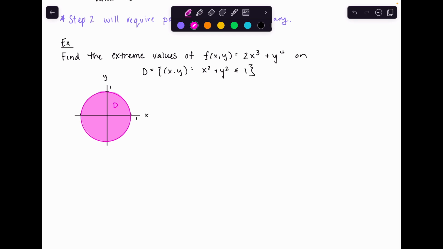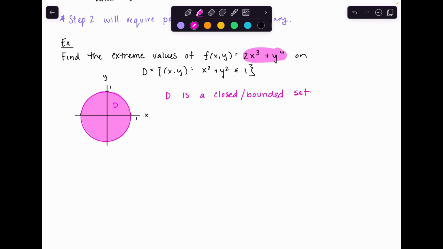So definitely from here, D is for sure a closed and bounded set. It is a circle. I can contain it in a circle. It's closed because I have less than or equal to 1, so I can equal that outer edge. And then really, this is just a polynomial because it's got x to powers and y's to powers.